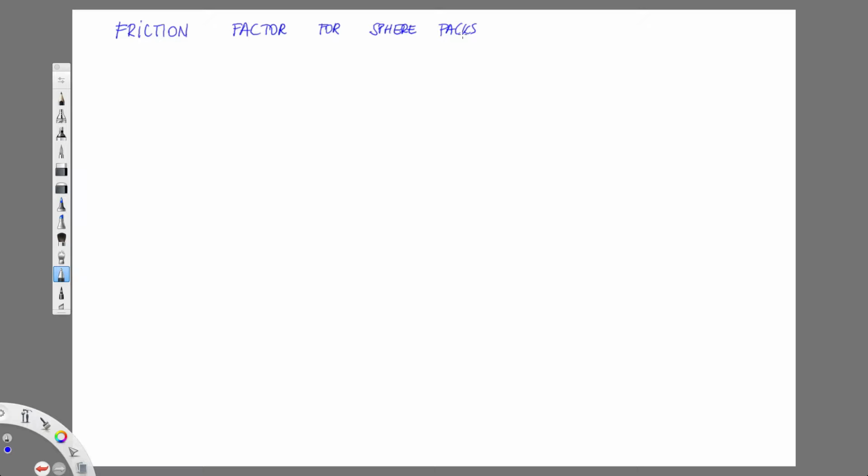Okay. So now for friction, when I want to do the same thing for sphere packs, of course I'm going to run into a little bit of trouble, because a sphere pack in itself does not have a complete definition for flow in its geometry, not even in the laminar case. We were able to upscale our reasoning and get an expression for permeability, for instance, for the laminar case.